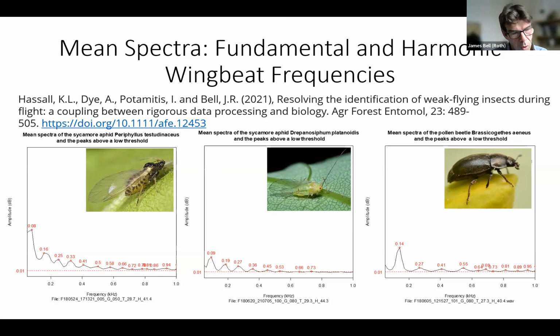And so along the bottom, we used light, unbelievably, transformed into a sound wave to then say something about the wavelength or the harmonic frequency of those aphids. The closely related aphids on sycamore are a little bit different in their signature, but fundamentally different from the beetle on the far right-hand side. And so we're using that information to try and get more accurate IDs with a view of deploying such a sensor in the field.